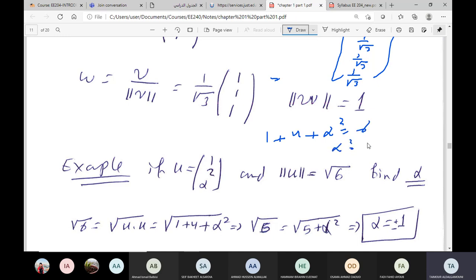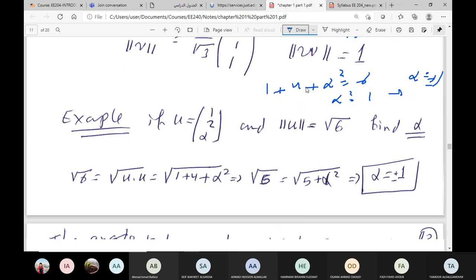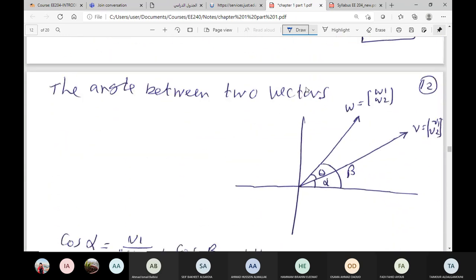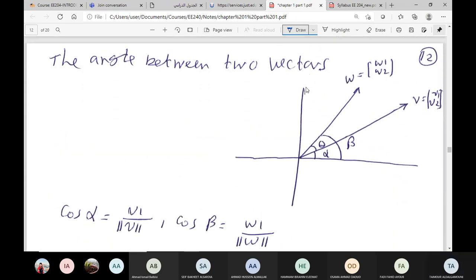Then alpha square is equal to 1, or alpha is equal to plus or minus 1. Any questions?